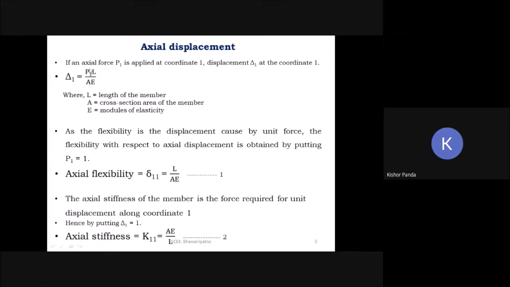For flexibility, you put P1 equal to 1, and delta 1 is equal to delta 11, which is L by AE. For the stiffness case, you put delta 1 equal to 1 and P1 is equal to K11. So K11 is equal to AE by L. So this is the axial flexibility and axial stiffness.